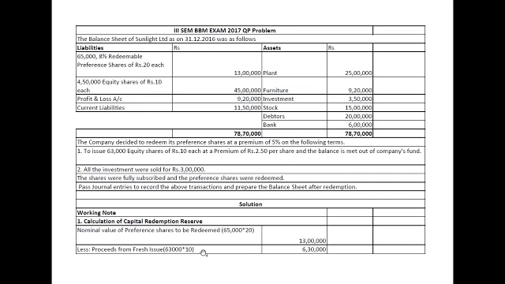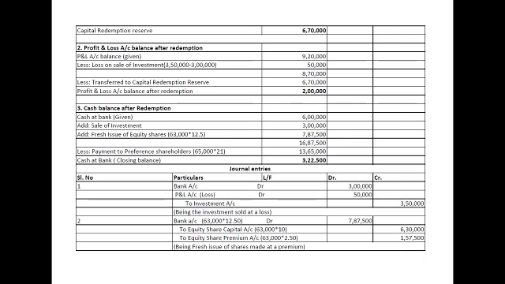Only the nominal value you have to deduct. If you deduct 6,30,000 from 13 lakh, the capital redemption reserve amount will be 6,70,000. Means you require 6,70,000 from the existing fund.